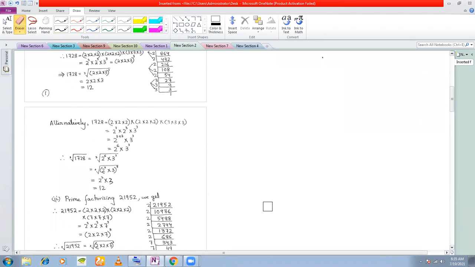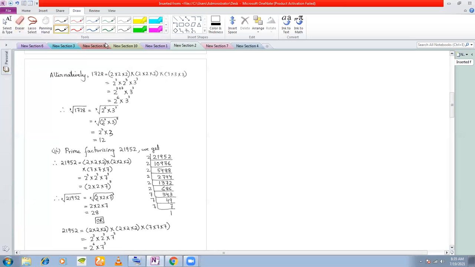Let us take another example. Find the cube root of 21,952. Let's prime factorize this. First, you will prime factorize.